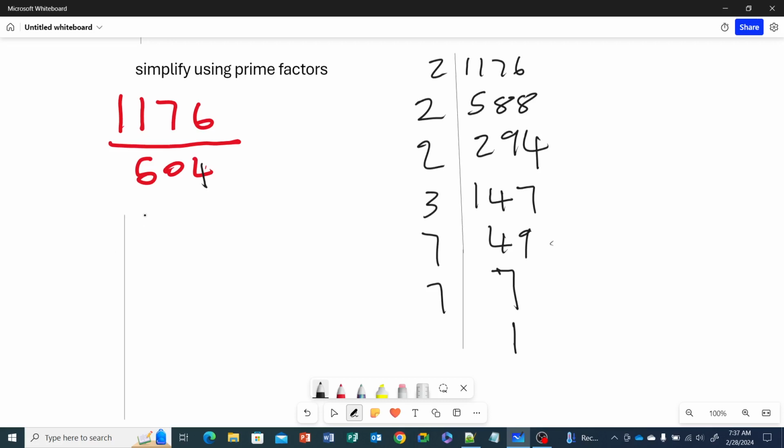Okay, now we have 504. Now 504, it's an even number which is divisible by 2. So 504 divided by 2, you are going to get 252. Now 252 even, yes, you can divide by 2. So 252 divided by 2, you get 126.